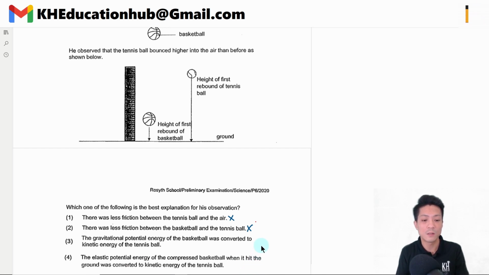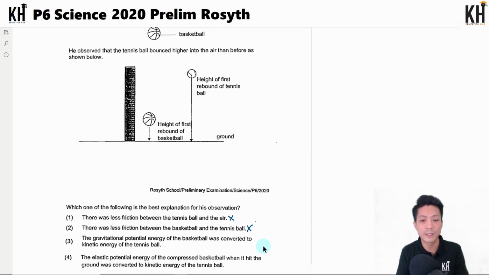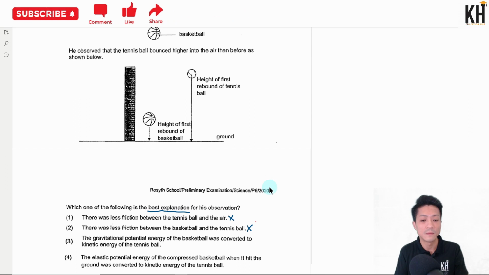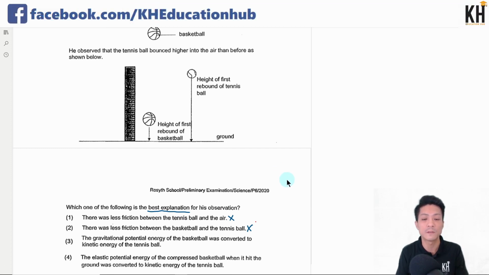In this case, options 3 and 4 both sound correct, so we have to try our best to pick the best explanation. Let's look at option 3, the energy conversion.